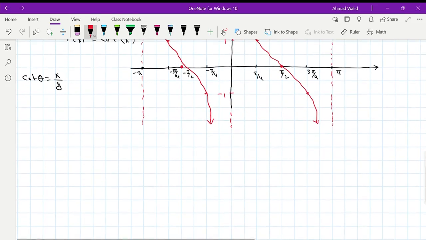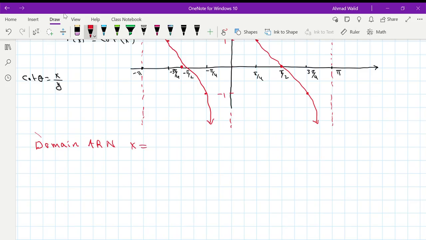Some notes, they are the same as tangent, still the domain is the same. Domain is all real numbers, but this time x cannot take what? 0 plus k pi. Because you see your first vertical asymptote is at 0. And if you add a pi on it, and every pi you get what? A vertical asymptote. That's why it's not in your domain.